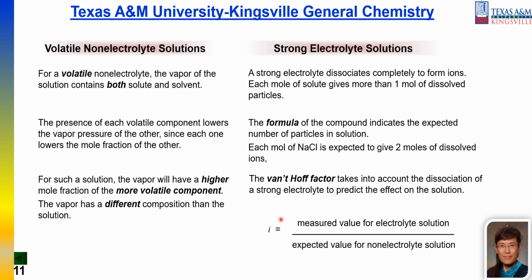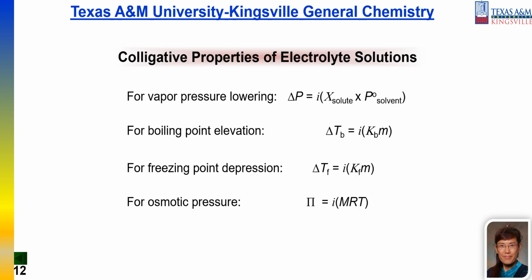The van 't Hoff factor will be equal to 2 divided by 1. You have 2. In this case, your van 't Hoff factor will be taken into consideration when you calculate the above 4 different properties. Your vapor pressure lowering, delta P, will equal i, the van 't Hoff factor, multiplied by mole fraction times the pressure of your pure solvent.